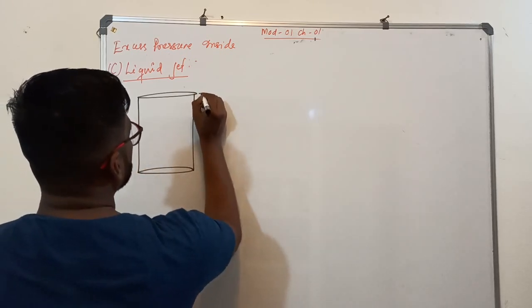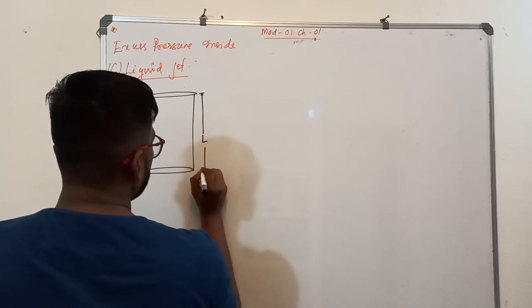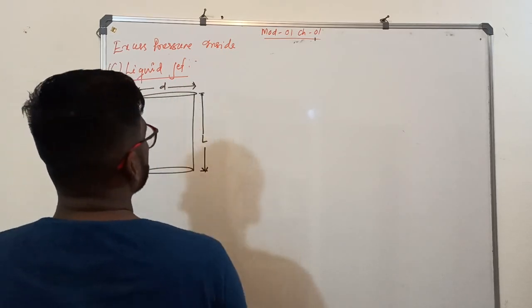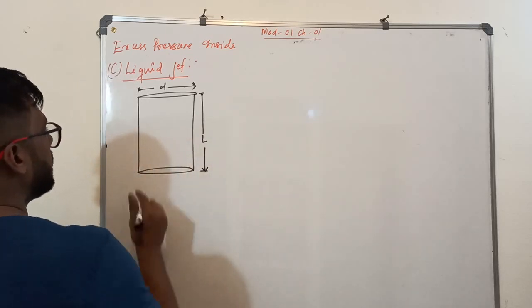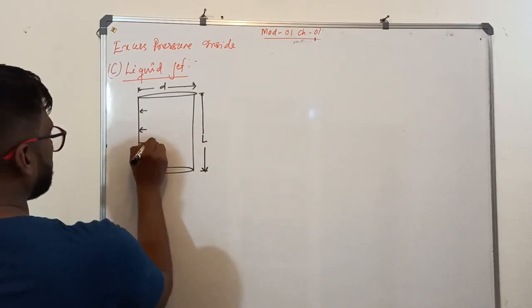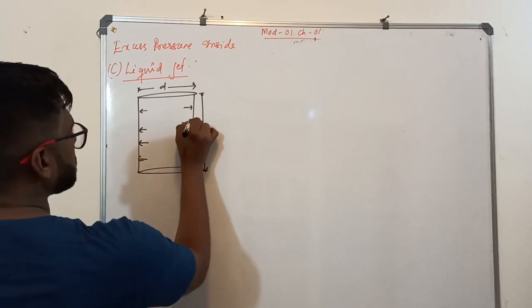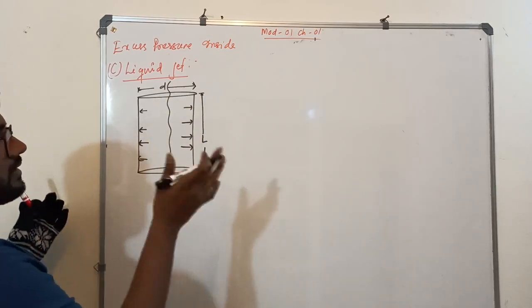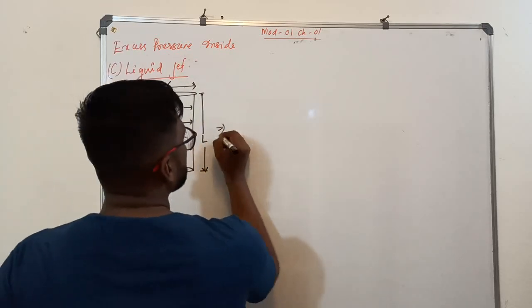Let the length be L and the diameter be D. Where are the bursting pressures acting? On this surface. Symmetry: cut it in half and take it. How does it look?